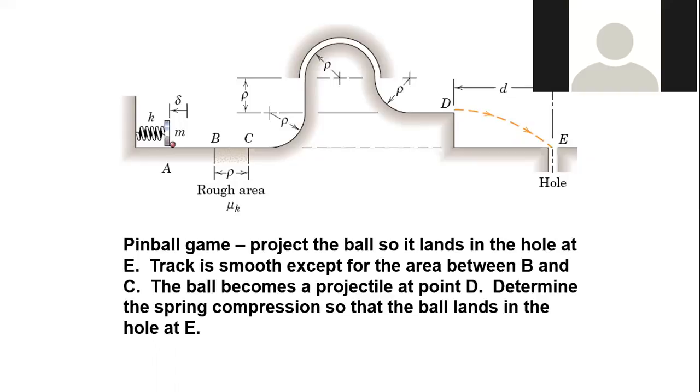So what type of energy is it initially? Initially would be spring energy. Yep. So that would just be potential energy due to the spring. Right. So this would be your delta here. And then at this point, what types of energy might I have? It would just be potential, right?